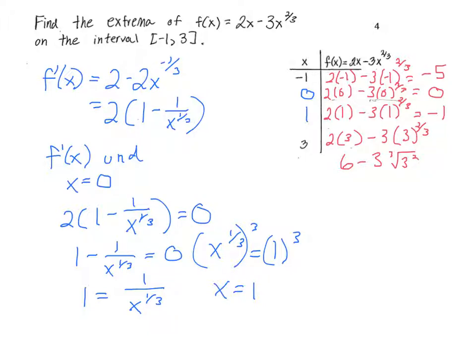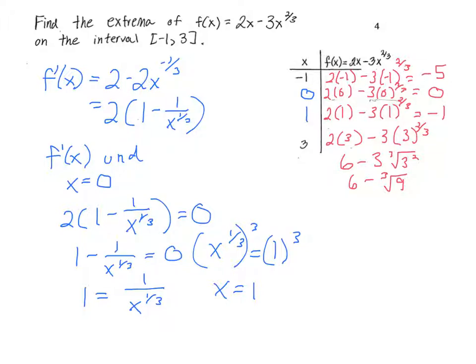So we need to determine if this is going to be a positive number or a negative number, because if it's positive, this will be our maximum. So we really have 6 minus the cube root of 9, and the cube root of 8 is 2, so it'll be slightly bigger than 2.